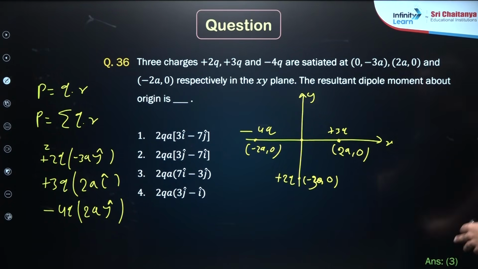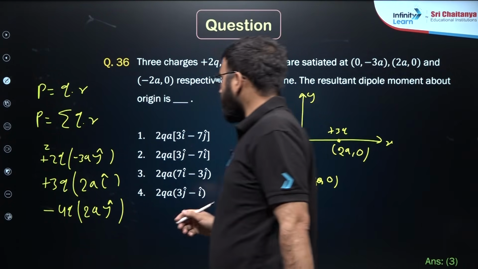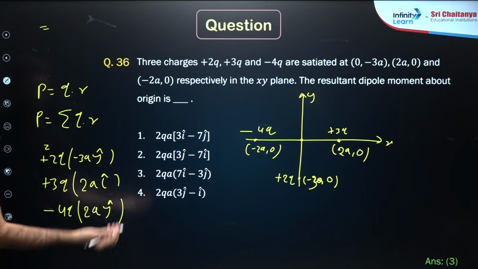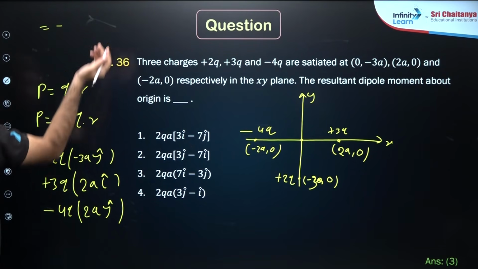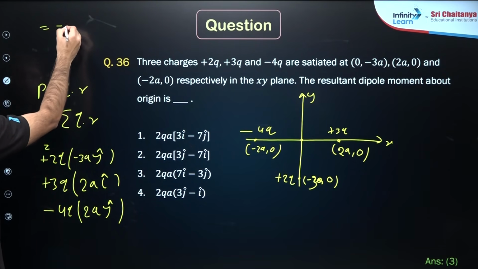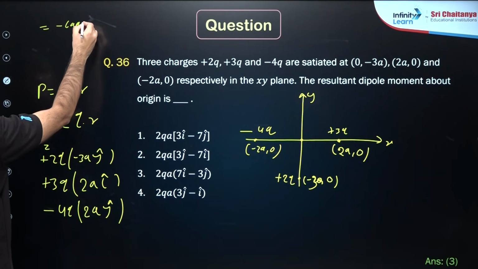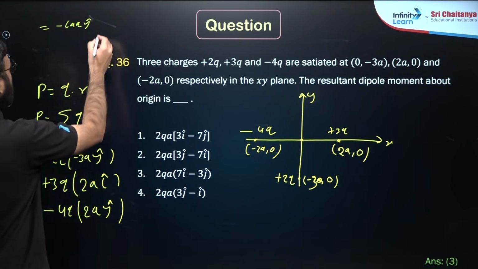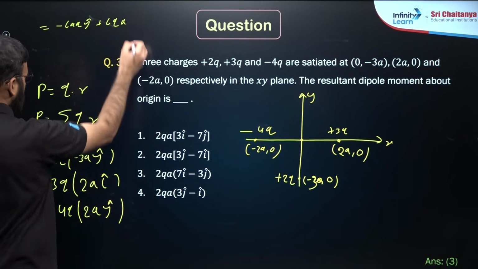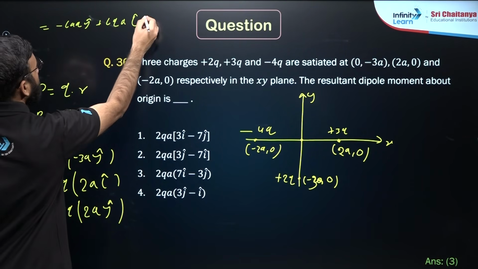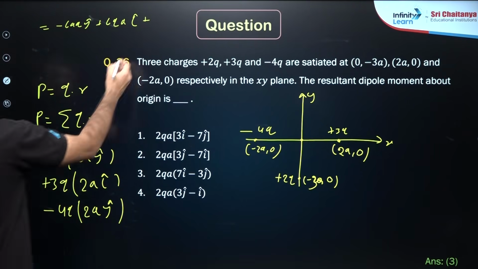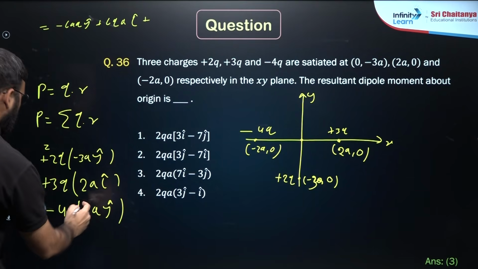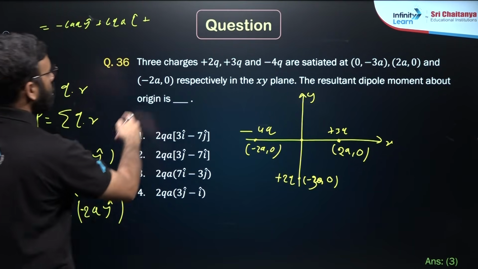So first minus 6a j cap and the second one I'm just writing here, 6 aq j cap plus 6 qa i cap, plus minus, and minus, there is minus also, because it is on the minus x axis.